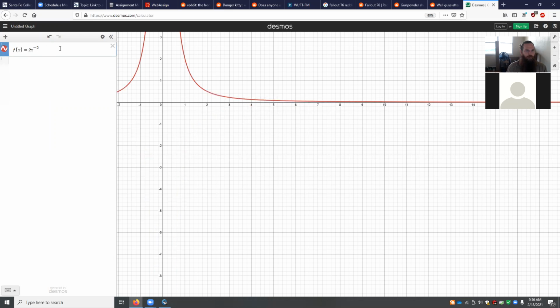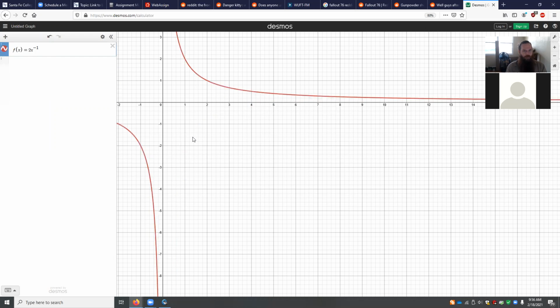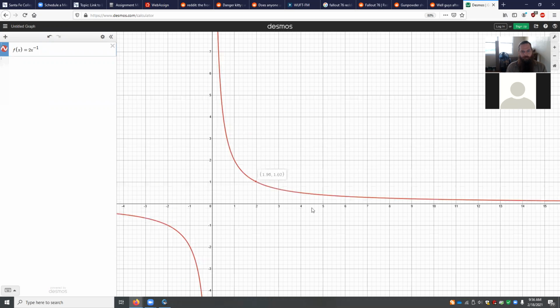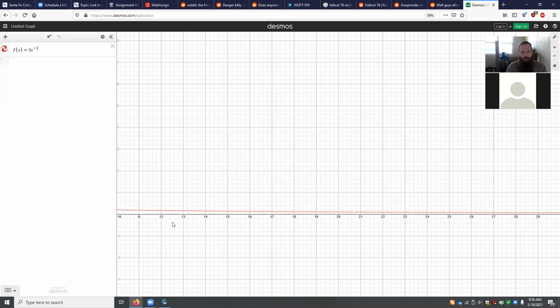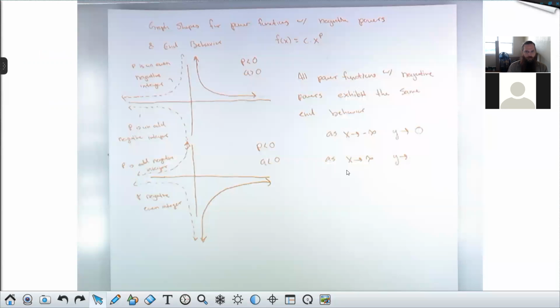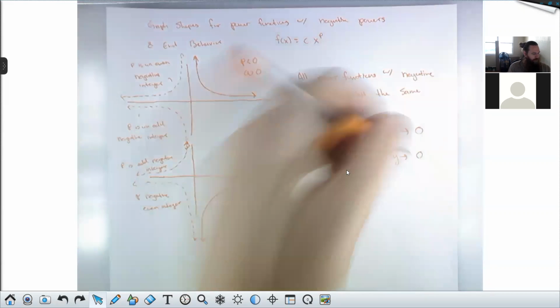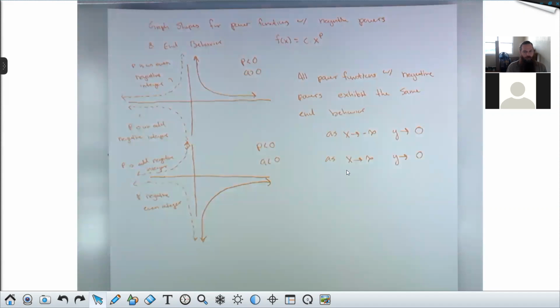It really doesn't matter what the coefficient is. It's like x to the -1 here. As you wander further and further off to the right, these y values really are getting closer and closer to 0. So in both directions, these y values are going towards 0 as x goes very far off to the left or very far off to the right.